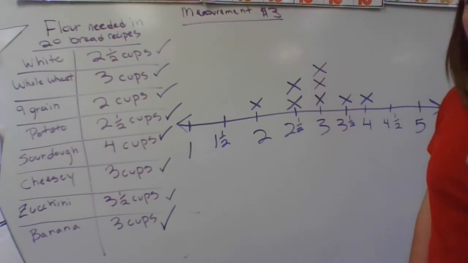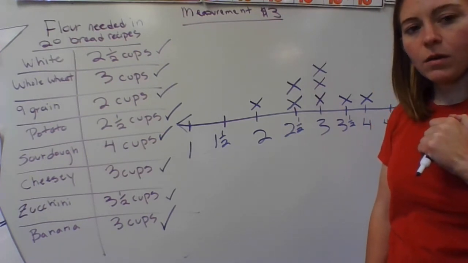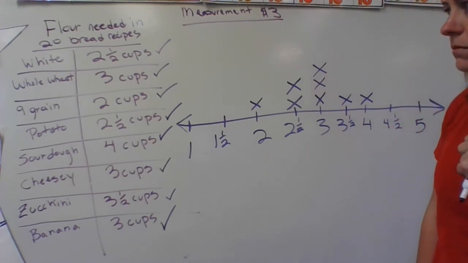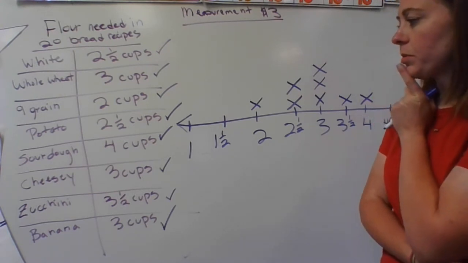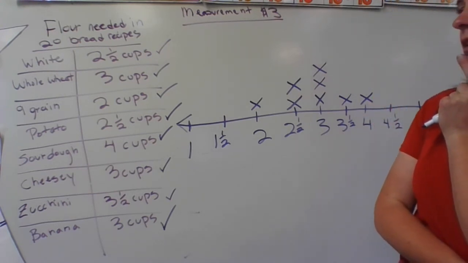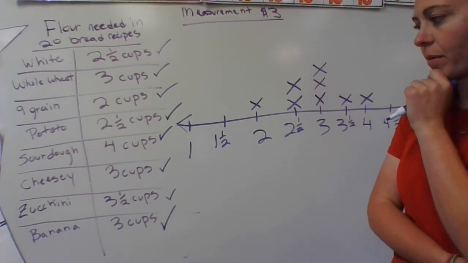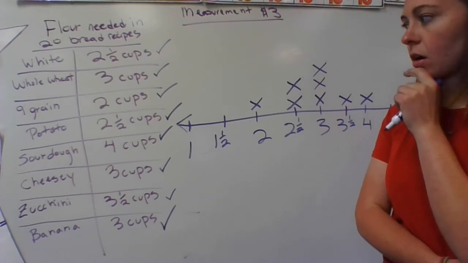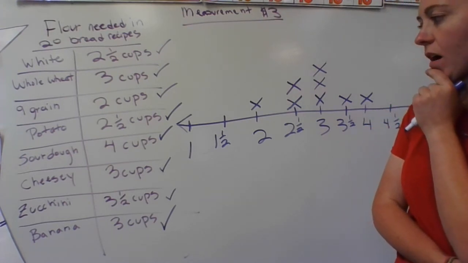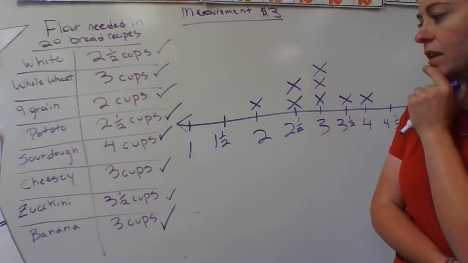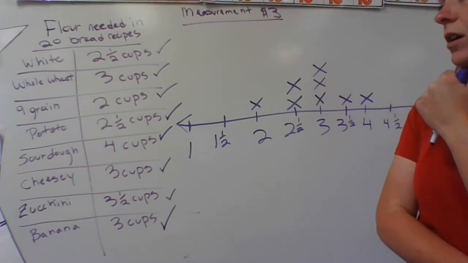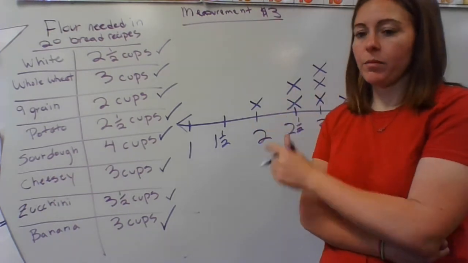But line plots are usually just used to help you visualize the data and see where most of your data falls. So now if I was going to be doing a word problem, I could say something like, how many total cups of flour would I be using if I made all 20 bread recipes? Or how many cups of flour would I need if I just made sourdough, potato, and 9 grain bread?